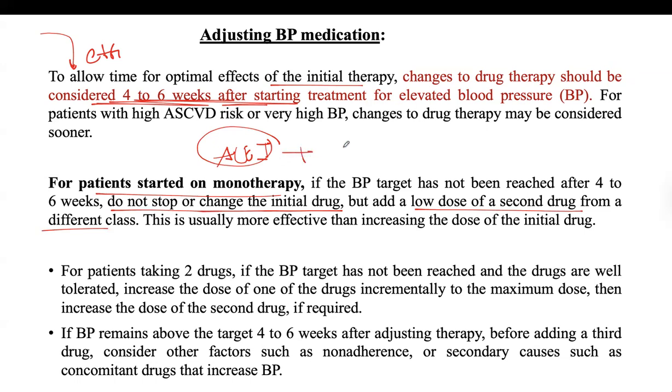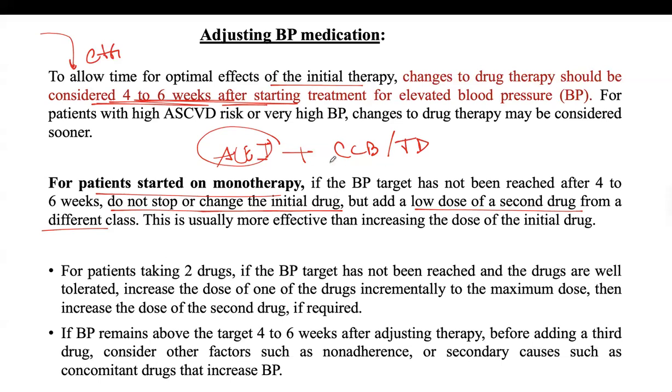The best idea is to use a CCB or a thiazide diuretic. So instead of increasing the dose or changing this medication, just add a second class of medication. This is more effective.